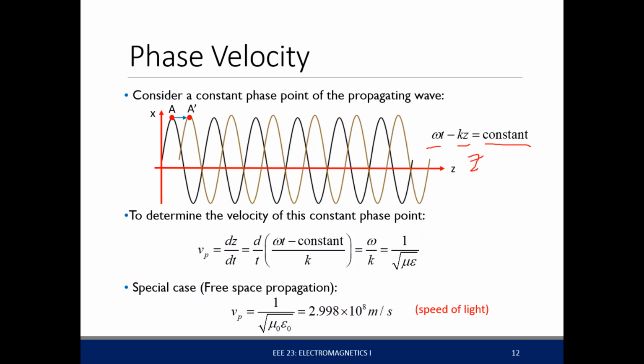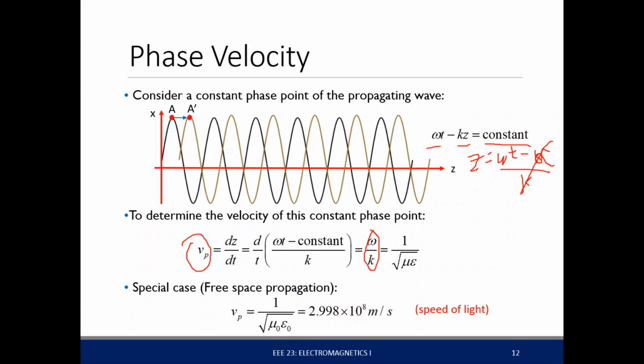So z is omega t minus some constant, let's say alpha, over k. If we take the derivative of this with respect to time, since alpha is constant, it won't matter. The derivative of z with respect to time becomes equal to omega over k. And this is called the phase velocity. So the phase velocity is omega over k.